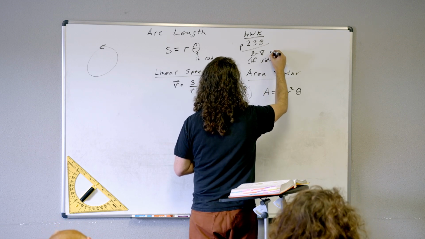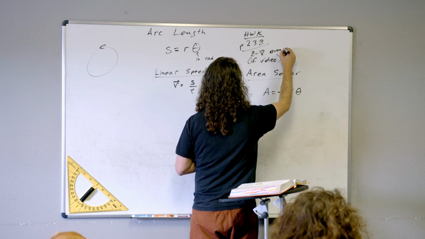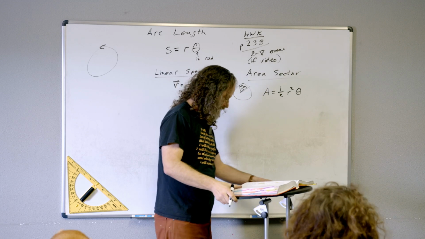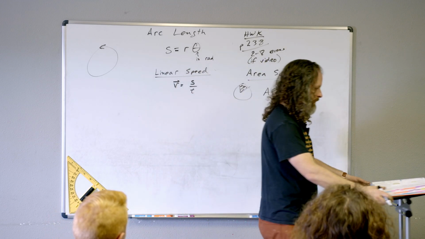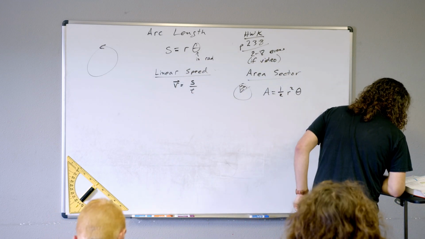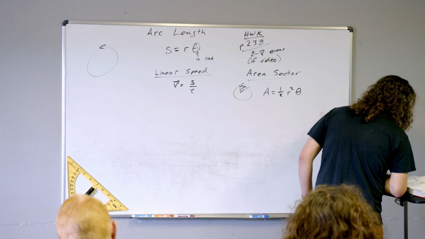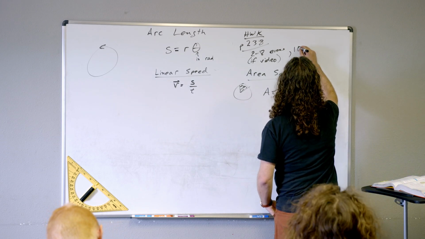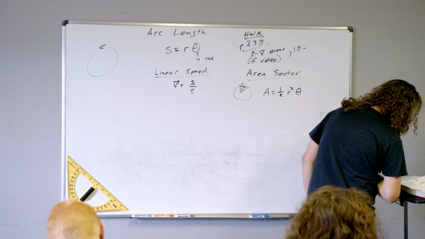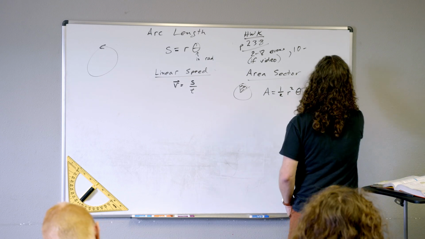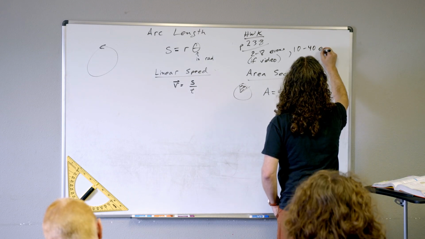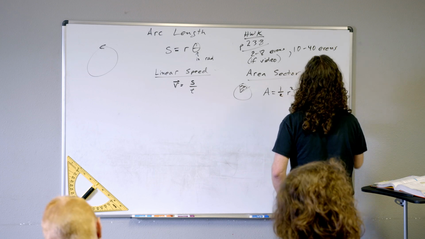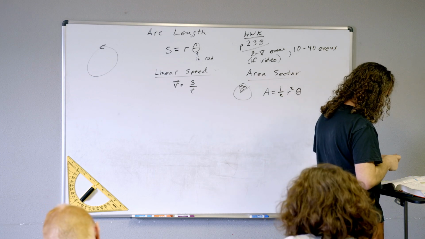If I give you a video, that's assigned. If I don't give you a video, that's not assigned. And then assigned no matter what is 10 through 40 evens on the same page. Yes. Now goodbye.